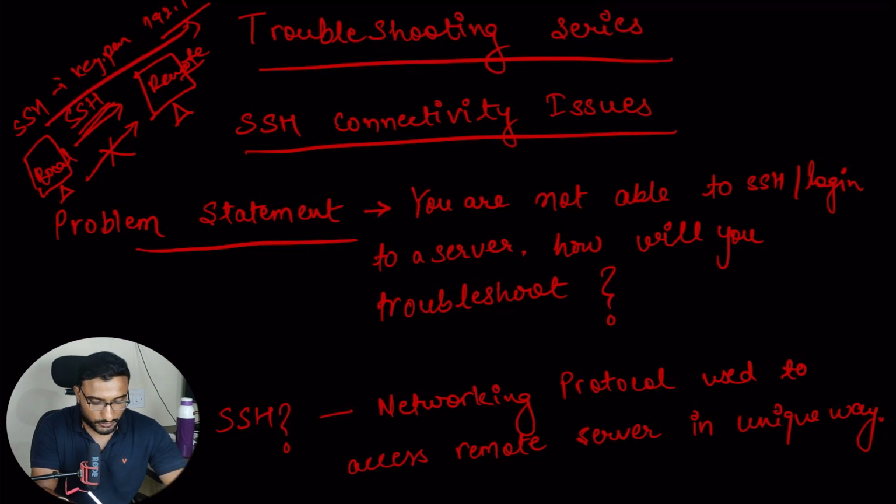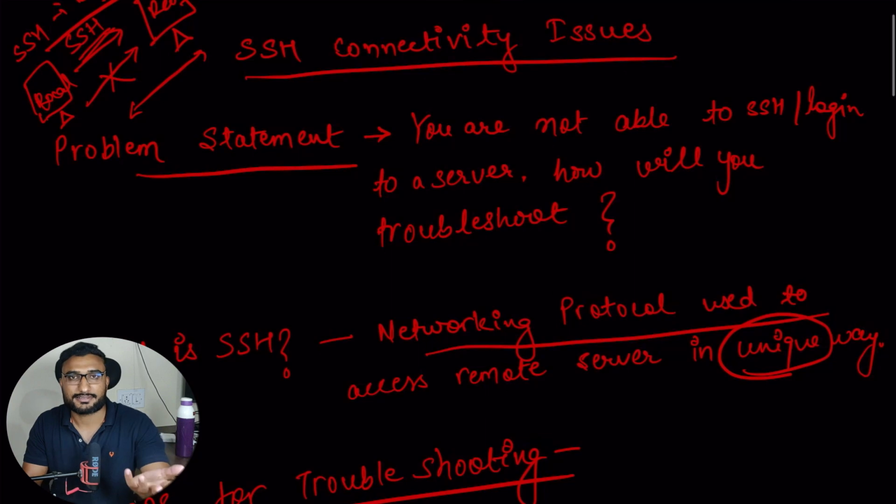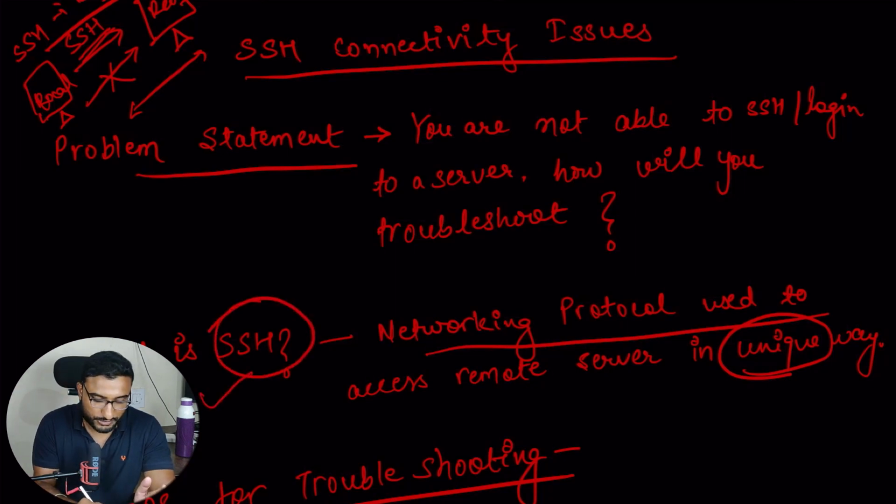You type this command, and you are not able to access your remote host. And what is SSH specifically? SSH is a networking protocol used to access a remote server in a secure way, the best secure way possible, so that our connection is not compromised.